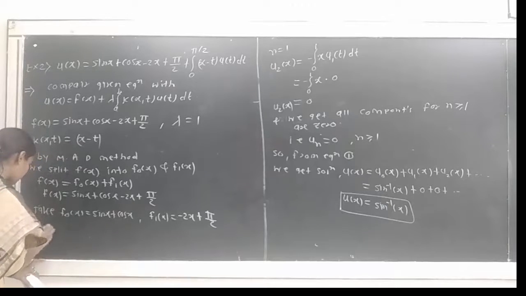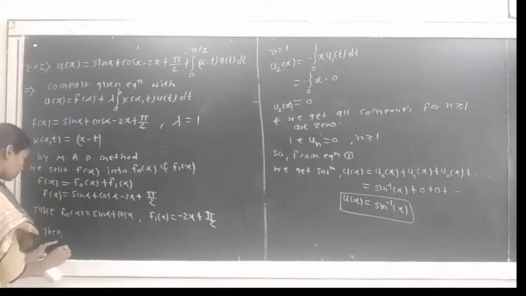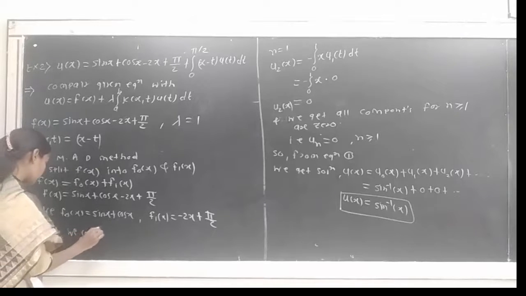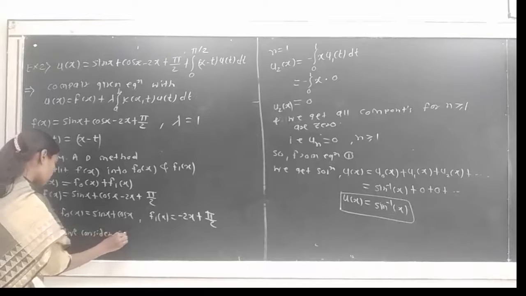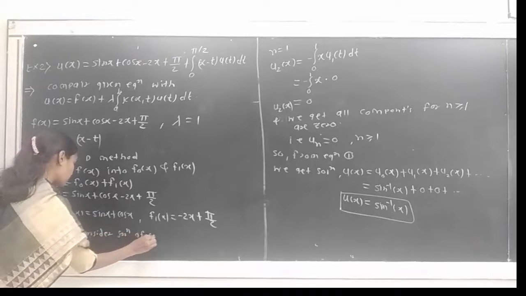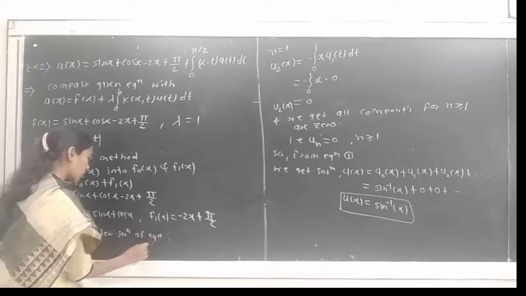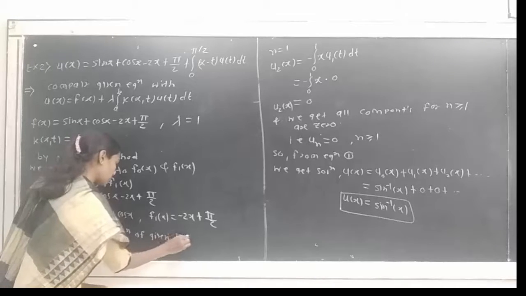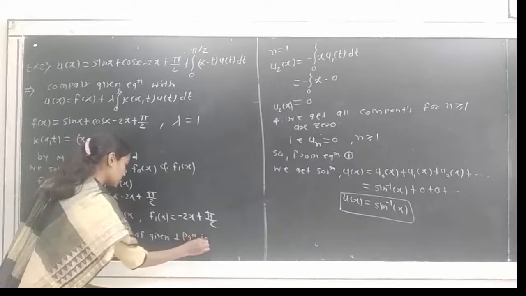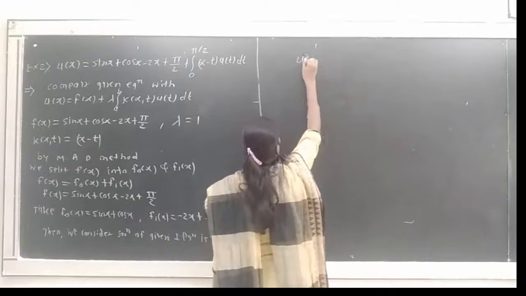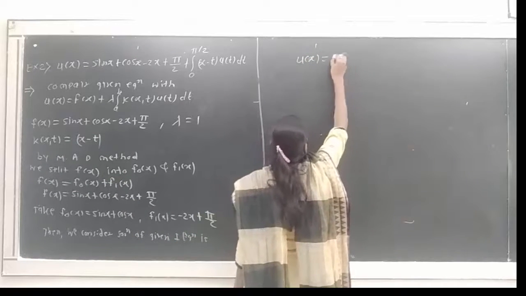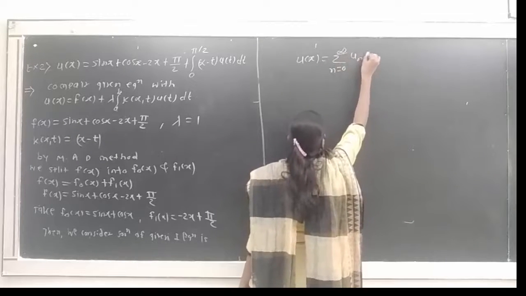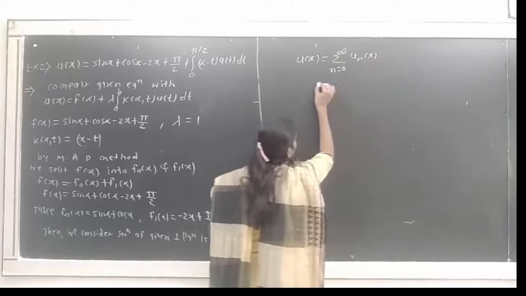Then by the modified Adomian decomposition method, we consider the solution of the given integral equation. We consider u of x is equal to summation n is equal to 0 to infinity un of x.